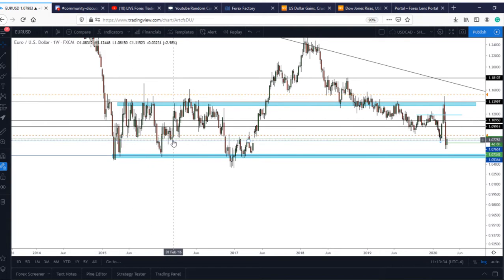And the current support that we're trying to hold up above has had significance all the way back in 2016. And so this thing is going to try its best to stay above, and if it does stay above the support, it could make another push higher, but I don't think it's going to happen, especially with the fundamentals.